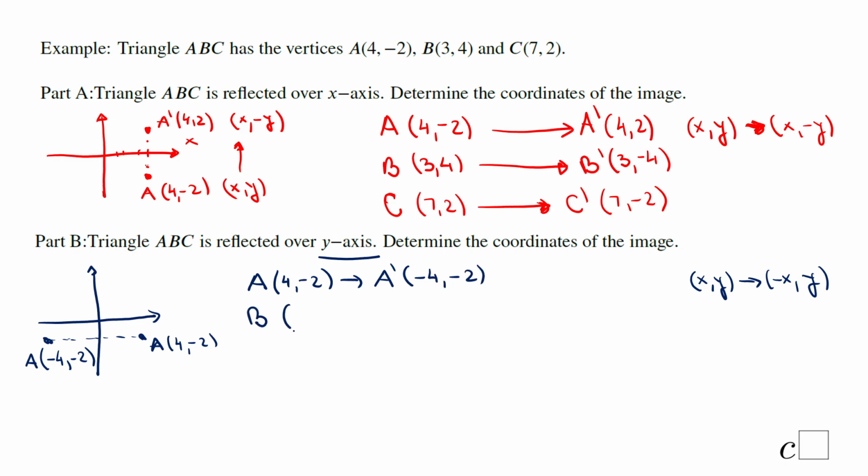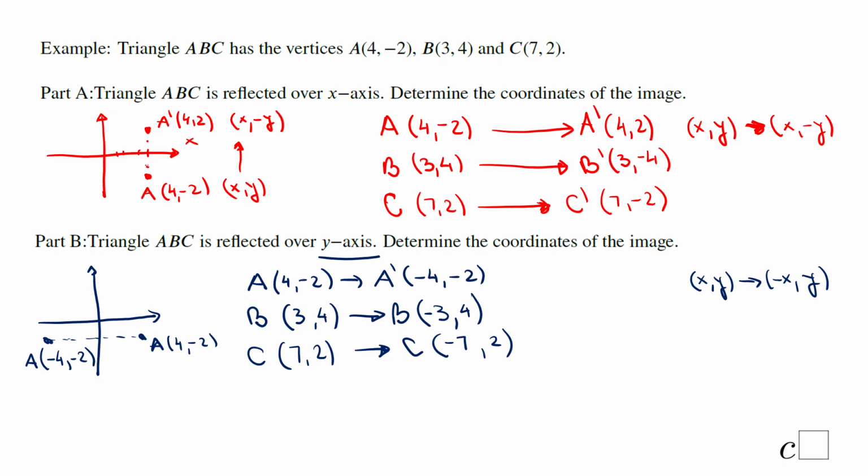B, which is (3, 4). Again, what happened here? x changes the sign, negative 3, and y stays. C, which is (7, 2). What happened here? Again, x changes the sign and y stays. And this is it for this problem.